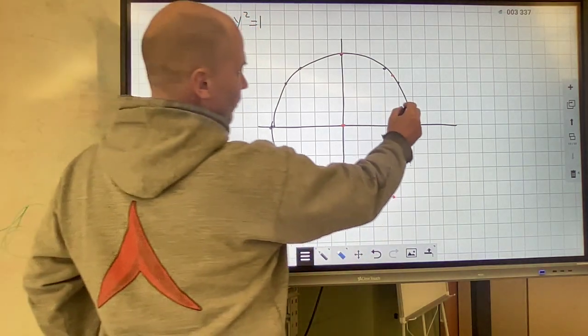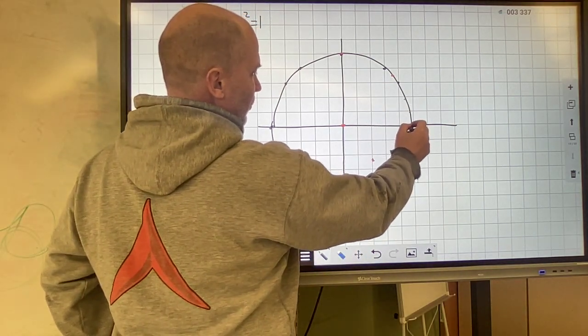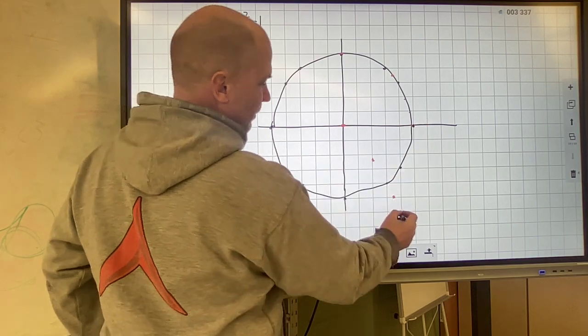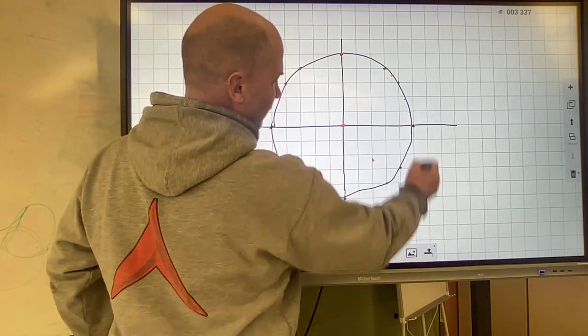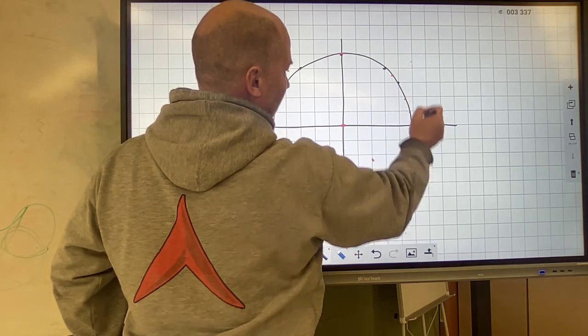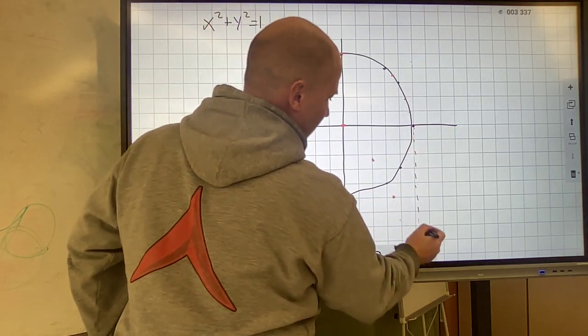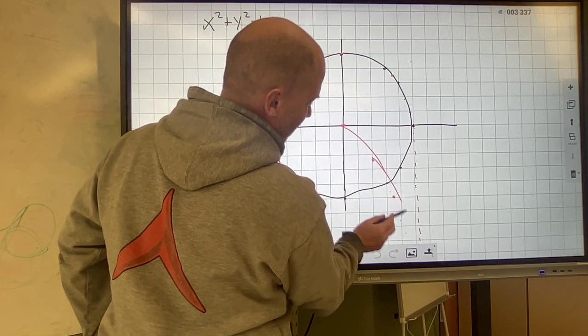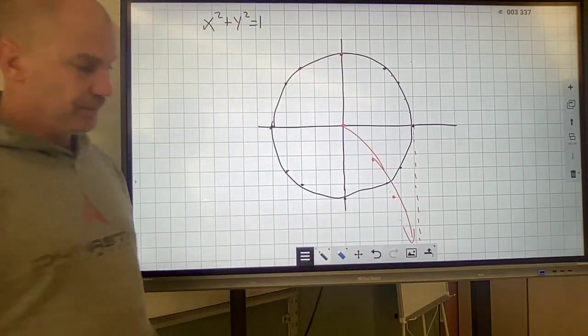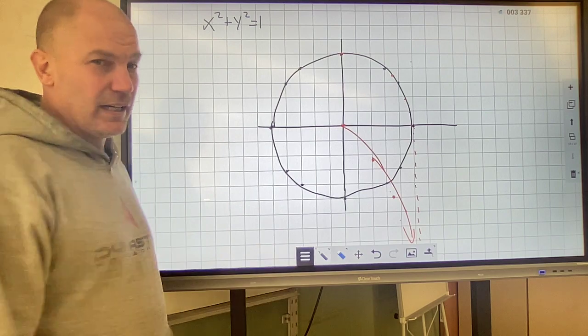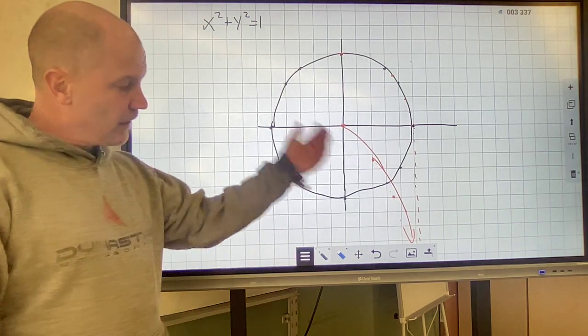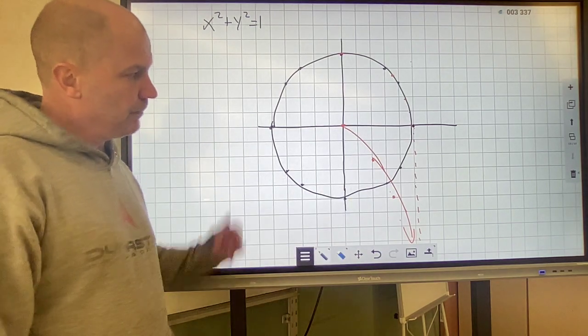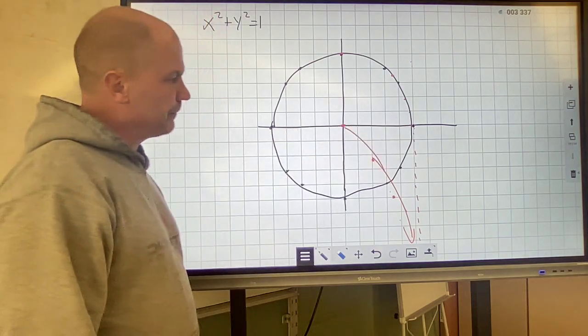And then as we get closer and closer to this point here, you can see that basically it's going to become infinitely steep at x equals 1. And so we kind of have this shape that goes like that. So we are getting steeper and steeper and steeper as we move towards that point.